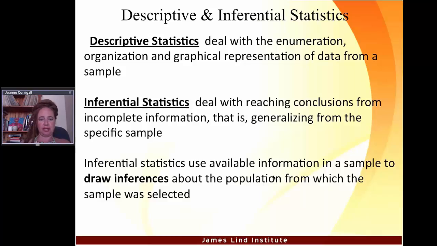In inferential statistics, we deal with reaching conclusions from incomplete information, which would be from our sample, that is, to generalize from our specific sample. We use available information to draw inferences. Just as in the English word, inferring something is trying to draw a conclusion from incomplete information.